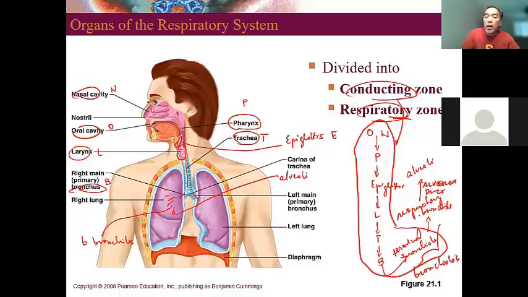And after that, the respiratory bronchiole to the alveolar duct to the alveoli, that is called your respiratory zone. So respiratory zone meaning gas exchange occurs. Okay, the gas exchange between the gases, the oxygen and carbon dioxide, and the blood vessel that is located in your respiratory tract. Okay, and they're the ones that allow gas exchange to occur.